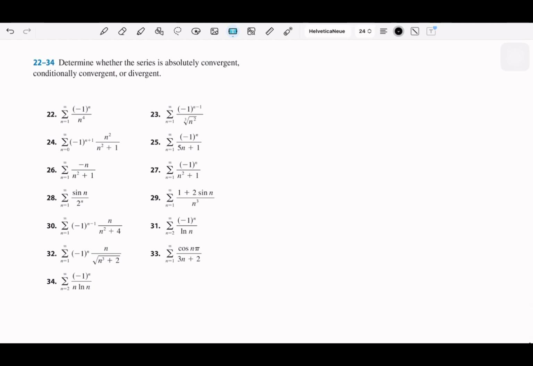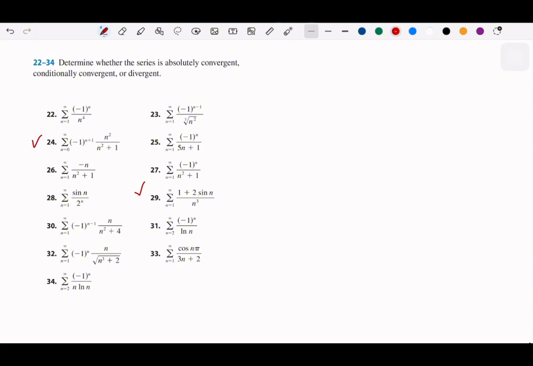I think we can start from the simple one. Maybe 24, and maybe 29, and how about 32?